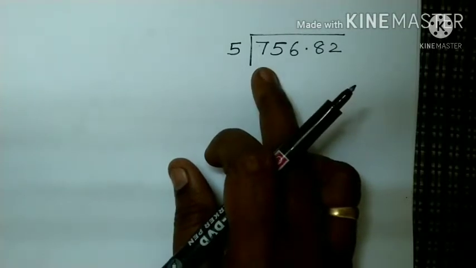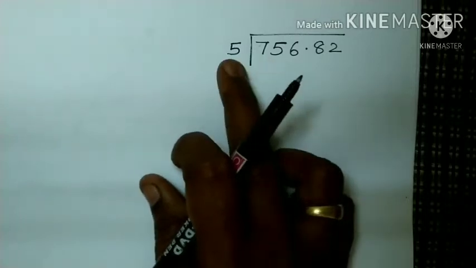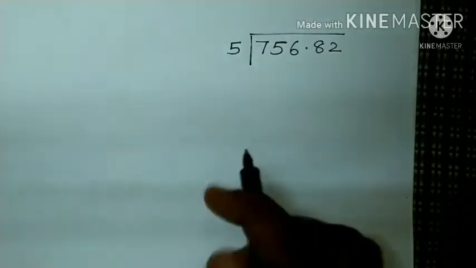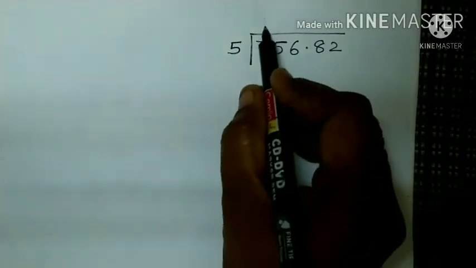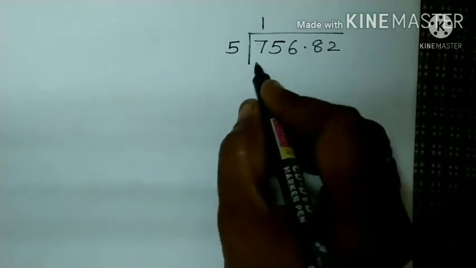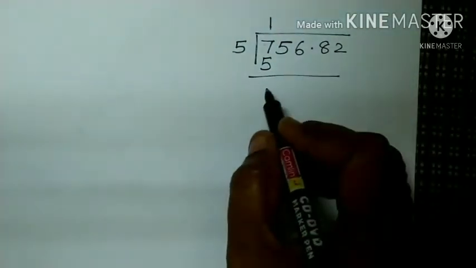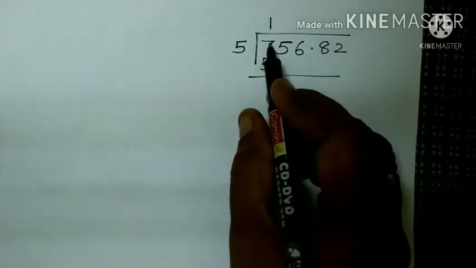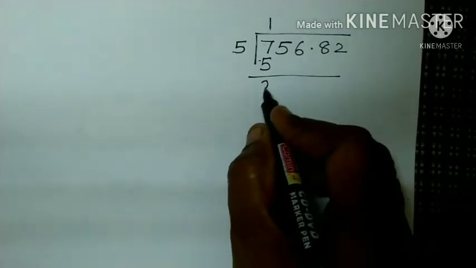The first step of the division is, first place is 7, so it is greater than 5. So how many times 5 is in 7? Yes, 1 time. That means 1 into 5 is equal to 5. So write it below the 7. Then what is the next step? Yes, subtraction. 7 minus 5. What is the answer? 2.